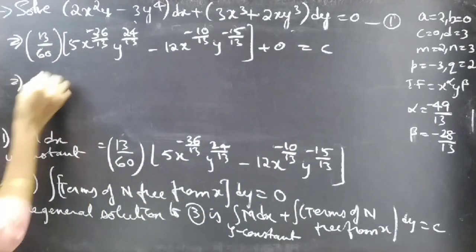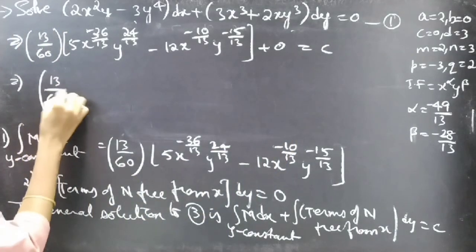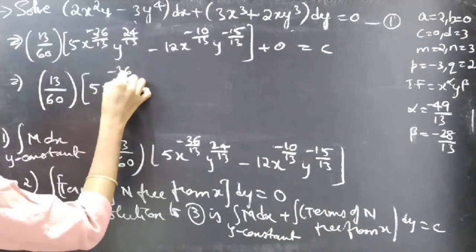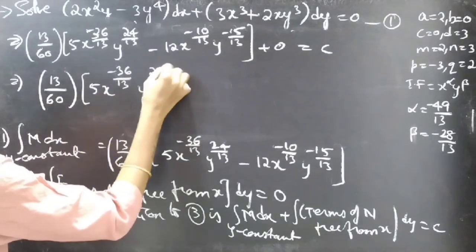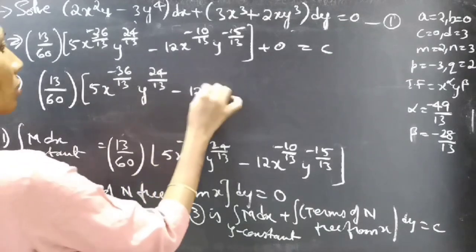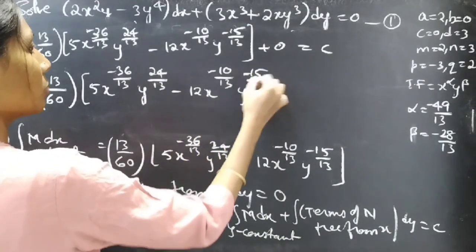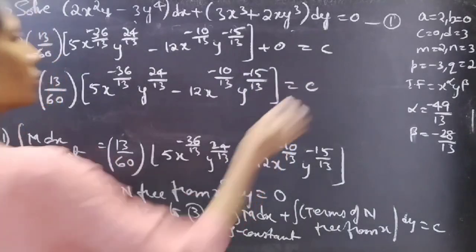Or we can write this as 13 by 60 into 5 x power minus 36 by 13 y power 24 by 13 minus 12 x power minus 10 by 13 y power minus 15 by 13 equal to c.